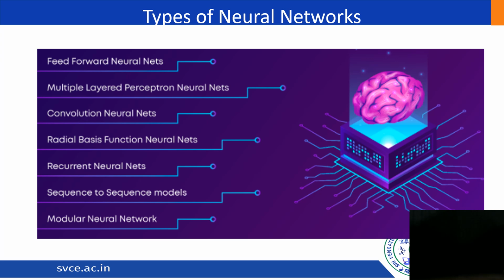It is a special type of recurrent neural network. It is used for translation, summarization, and chatbot applications. It uses an encoder-decoder architecture. And then modular neural network, a system of multiple smaller neural networks working together. Each module handles a part of the task, used in complex AI systems like robotics and autonomous vehicles.